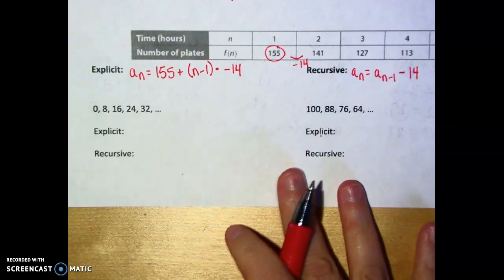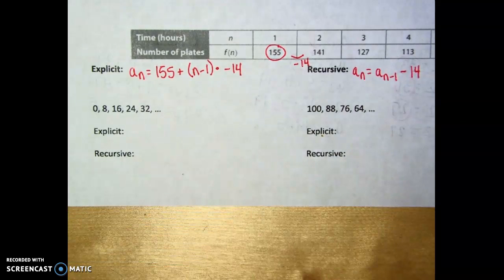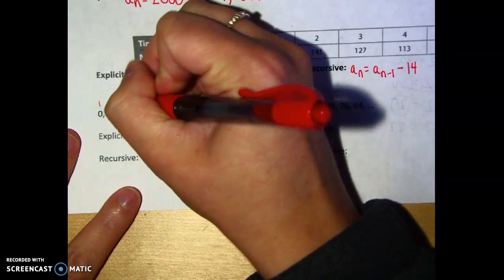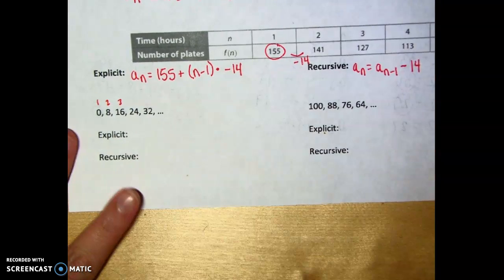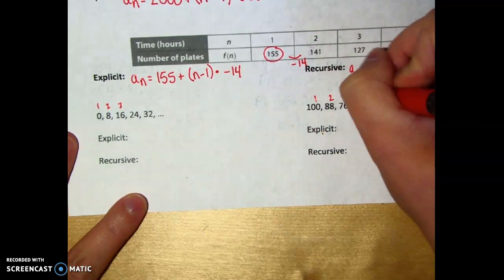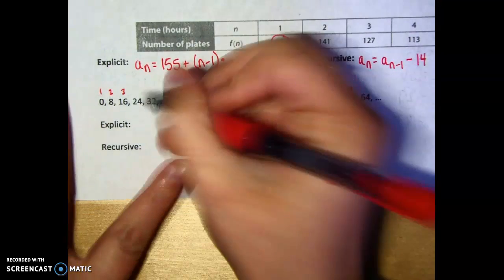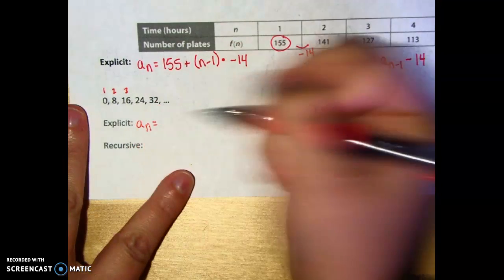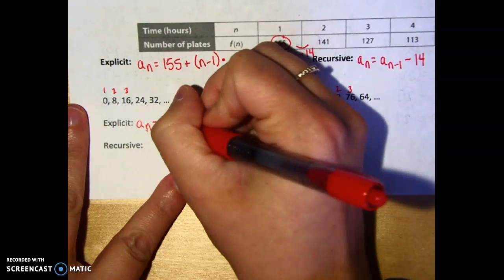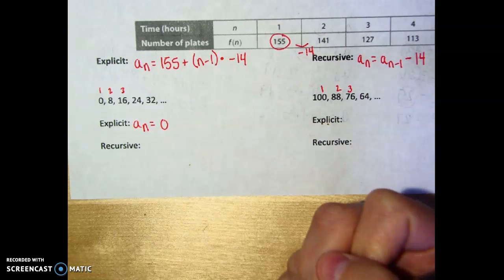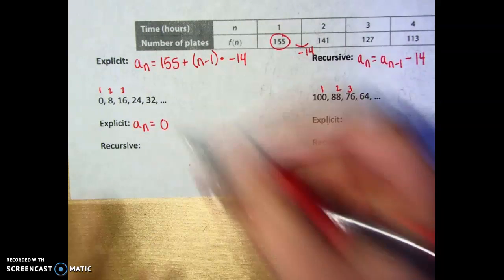Okay, and our last two down here are just numbers without a table or anything. But basically, this is the first term, second term, third term, and so on. So for explicit, you start with a sub n equals, first term is 0, and for the purpose of this, just put it in. I know technically you don't need it, but for now, just put it in.